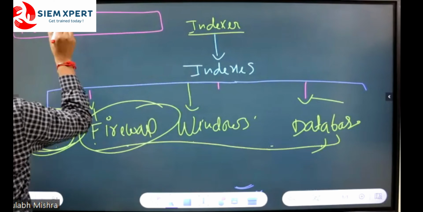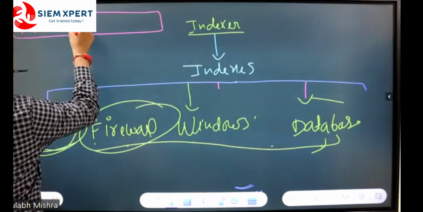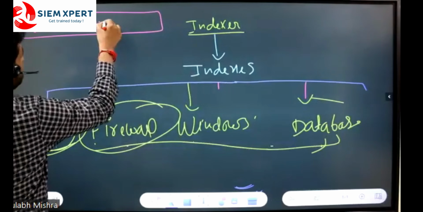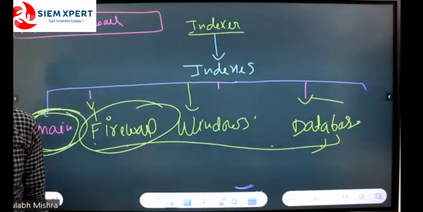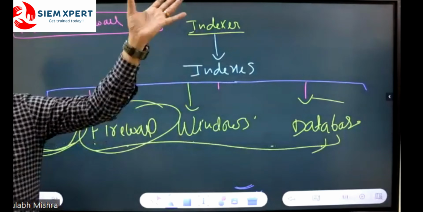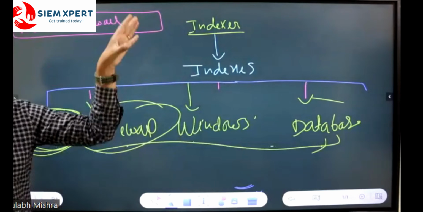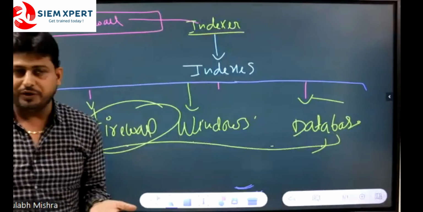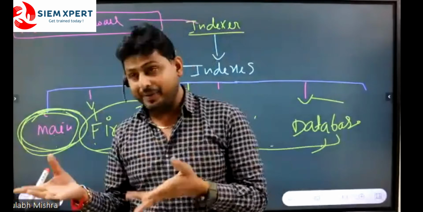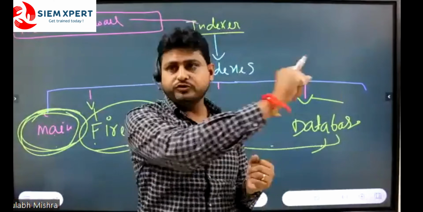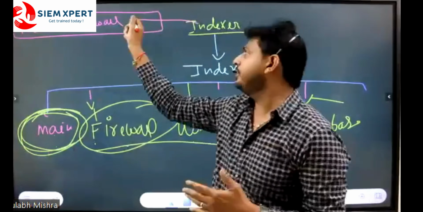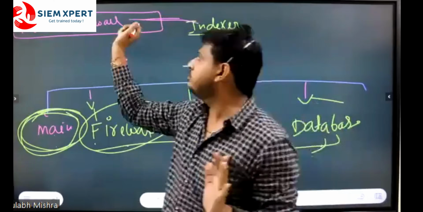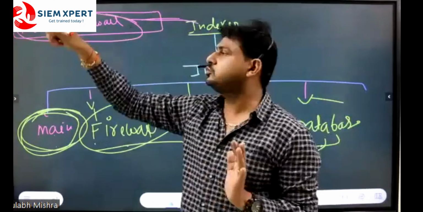I have to start my query with index=firewall. Then further, you can filter by source IP, destination IP, denied events or permitted events. But you have to start your query with index=firewall.